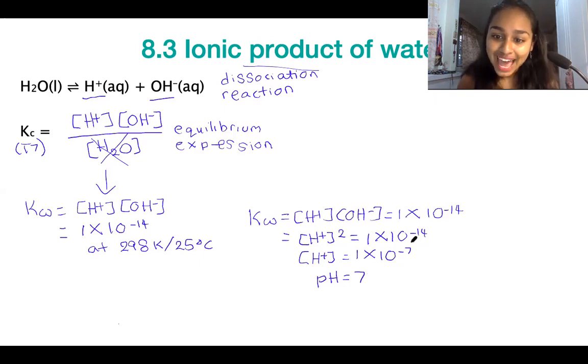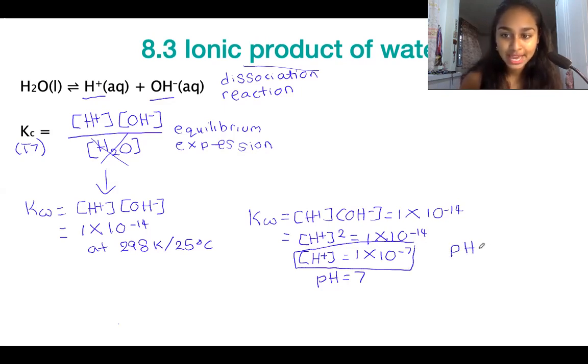So let's look at this reaction in a bit of greater depth. Earlier I told you that the formula for pH is negative log to the base 10 of H+. Now if I was to solve for H+, this would give me 10 to the minus pH.